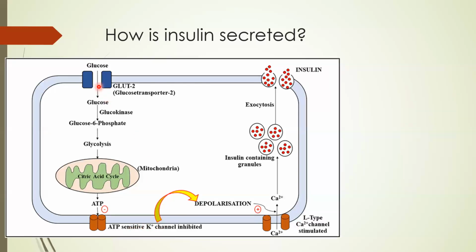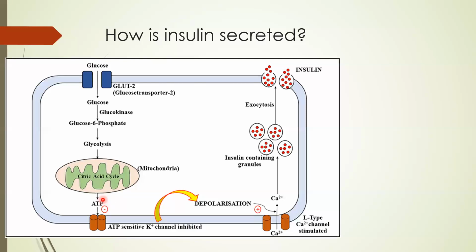Whenever we have glucose circulating in the bloodstream, it gains entry into the beta cell via glucose transporter 2. It undergoes metabolic reactions in the mitochondria, where glycolytic processes take place with release of energy in the form of ATP.